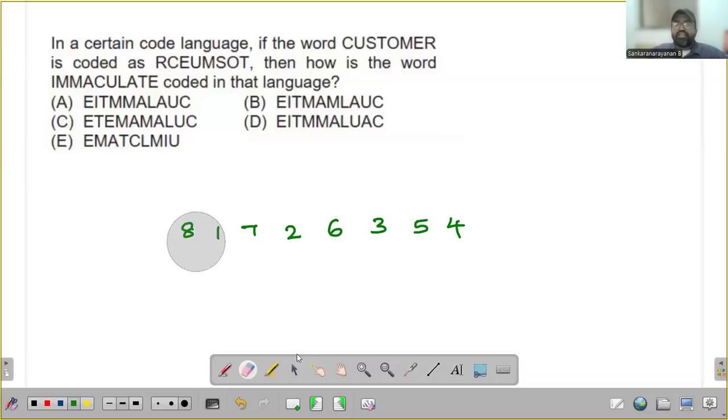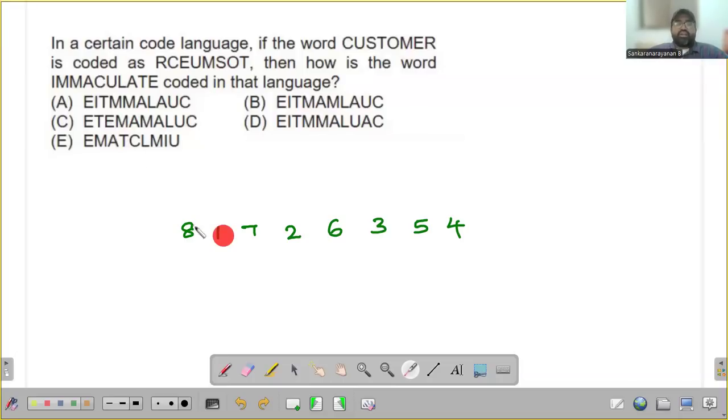As far as immaculate is concerned, it should be 8, then you can see that here it will be A. Using the same logic, observe it: 8, 7, 6, 5, 4, 3, 2, 1.